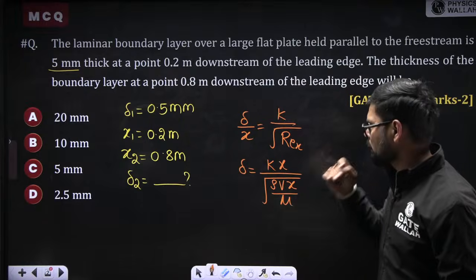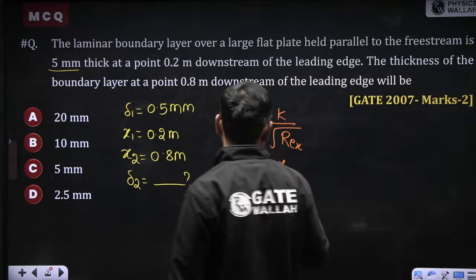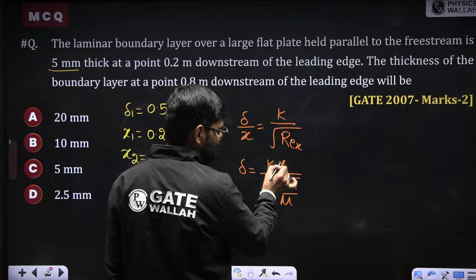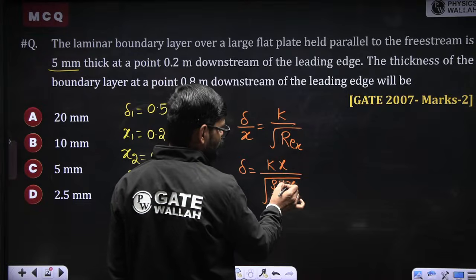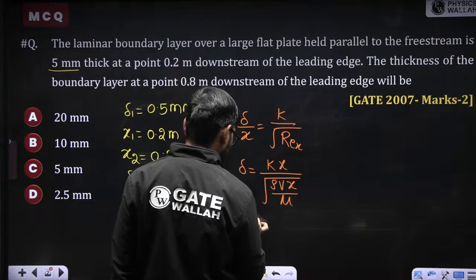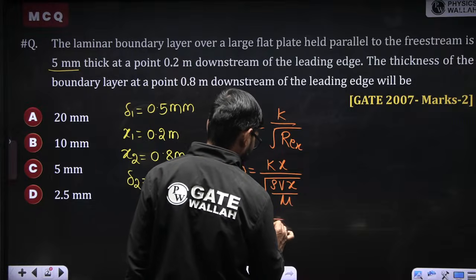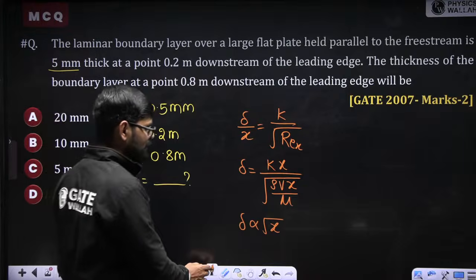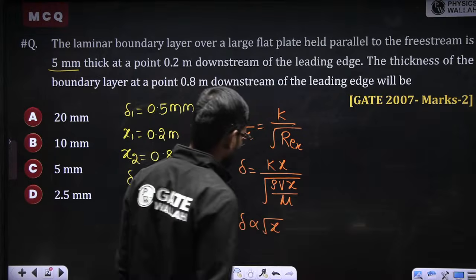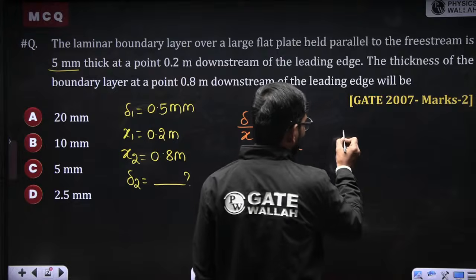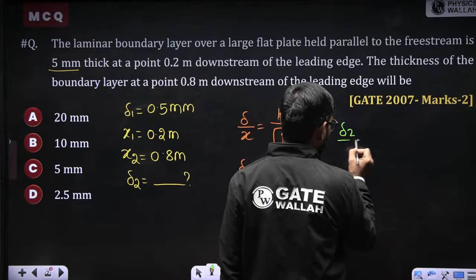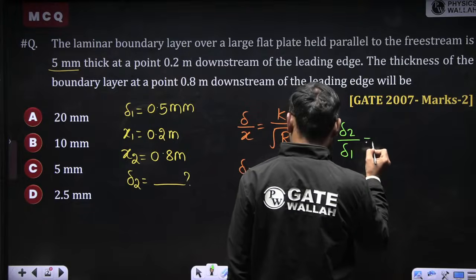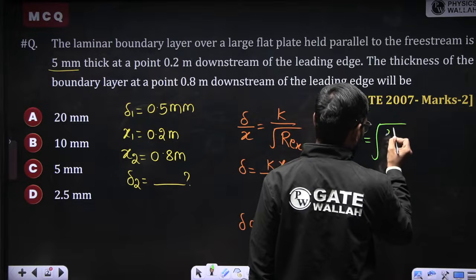All other things are exactly the same. So delta is proportional to under root x. Now I can write delta 2 by delta 1 is equal to under root x2 by x1.